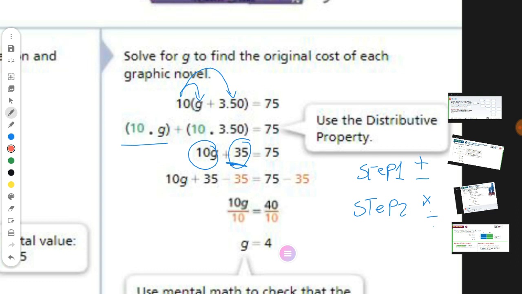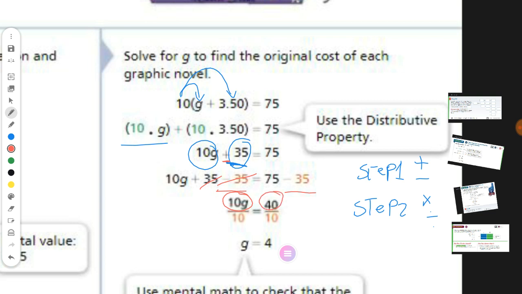By adding or subtracting the same number. It's positive, so we will subtract 35 from both sides, negative 35 from the left hand side and negative 35 from the right hand side, to keep it balanced as we studied before. So 35 minus 35 equals 0, so we still have 10G. And 75 on the other side, 75 minus 35 equals 40.